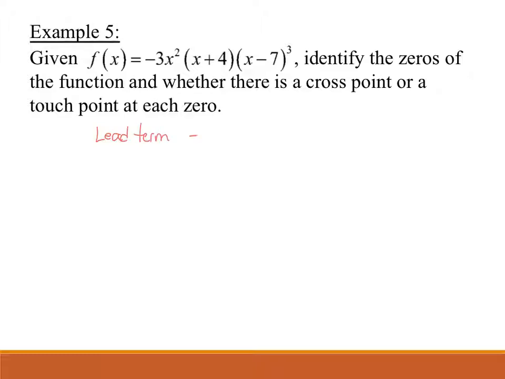First of all, we have a negative 3 out there. Then we have an x squared, an x, and an x cubed. So that's x to the sixth power. So the behavior is down for both ends.